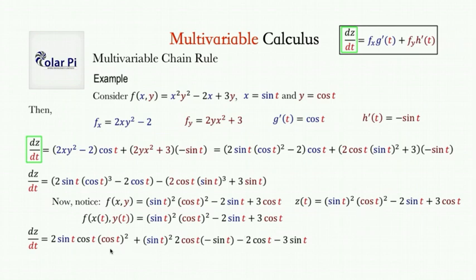So product rule applied correctly on that part would look like this. Otherwise, minus 2 sine t has derivative minus 2 cosine t, and plus 3 cos t has derivative minus 3 sine t. And simplifying this, for example, this cos t right here and this cos t squared can combine to a cos t cubed.